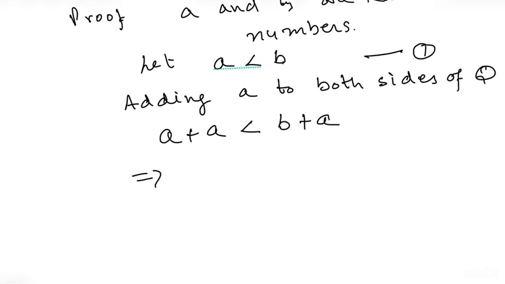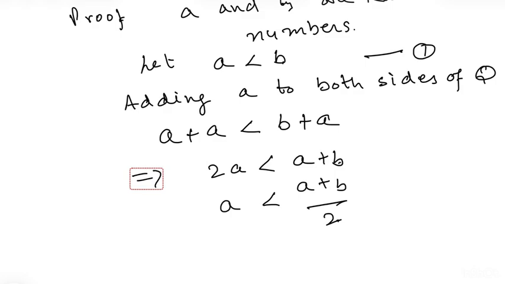This implies 2a is less than a plus b. b plus a could be written as a plus b. So a is less than (a plus b) by 2. This is number 2.